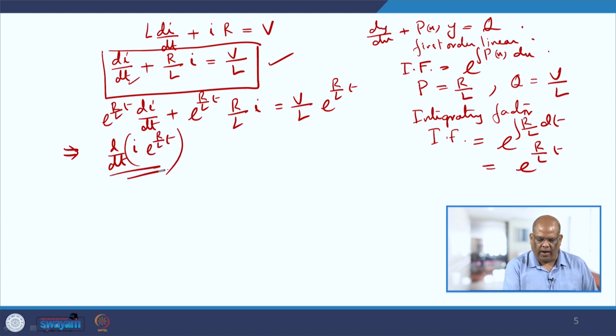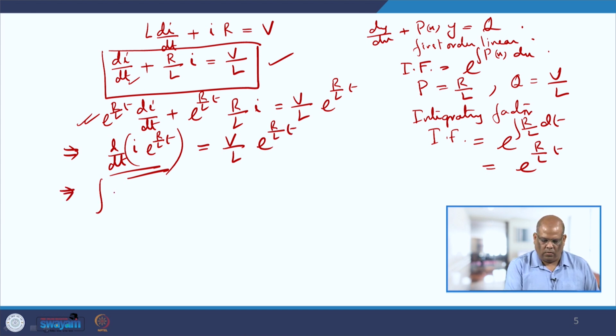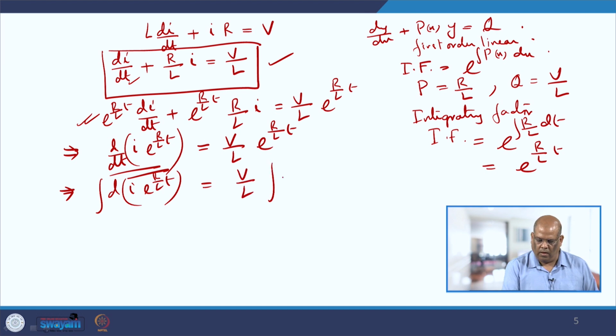If you expand this using the product rule, you will get this, and that is equal to V by L e to the power R by L t. So, the separation of variables gives you e to the power R by L t dt.